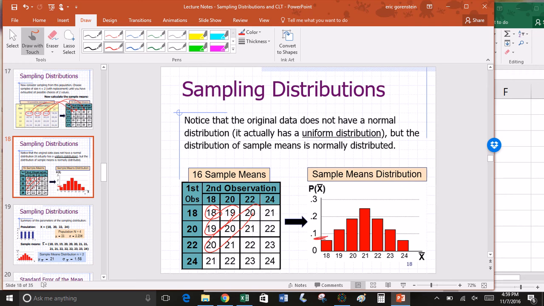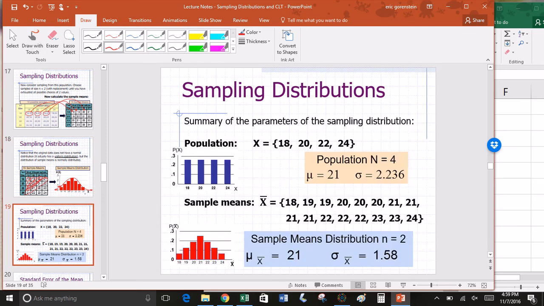Probability of choosing a 19, well, that's 2 out of 16, and so on. The probability of choosing a 20 was 3 out of 16. Probability of choosing a 21, well, there's 4 of those. So you see this following this general normal shape.